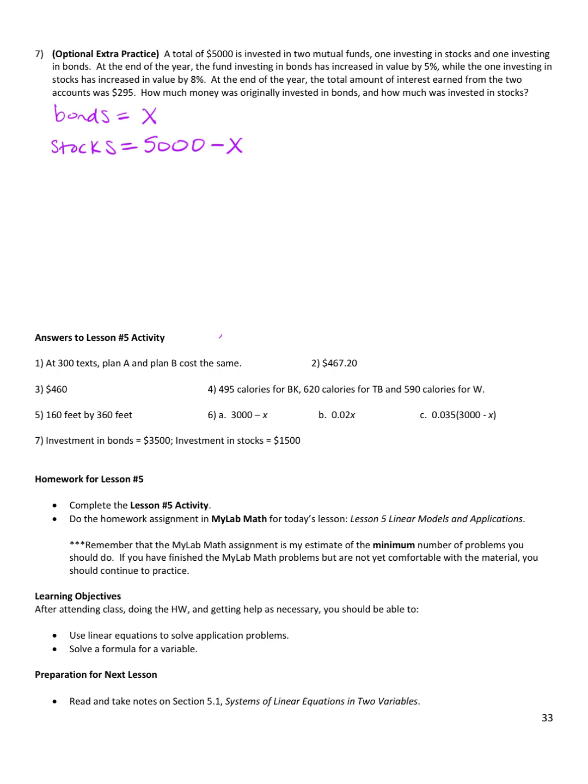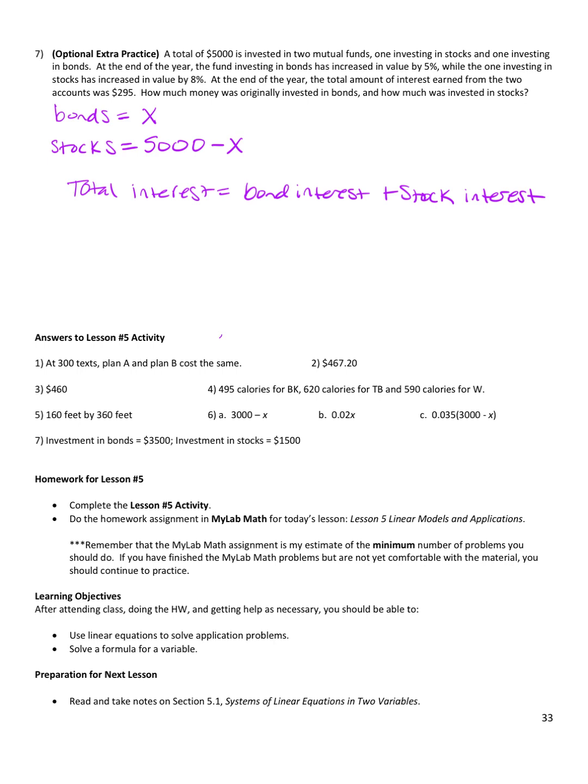Okay, so our interest earned was $295. So I'm going to say total interest is bond interest plus stock interest. So we earned interest on both of these. And when we add them together, we get our total interest.